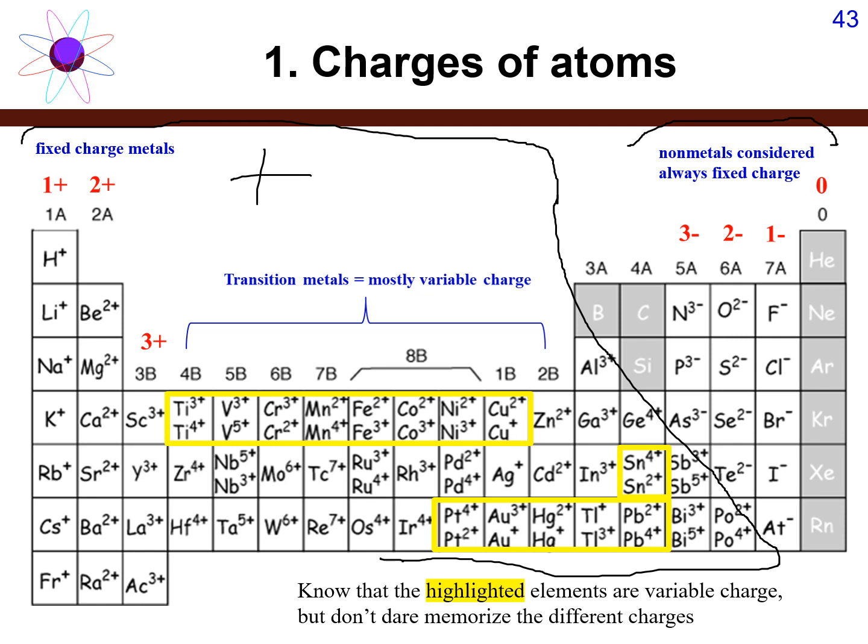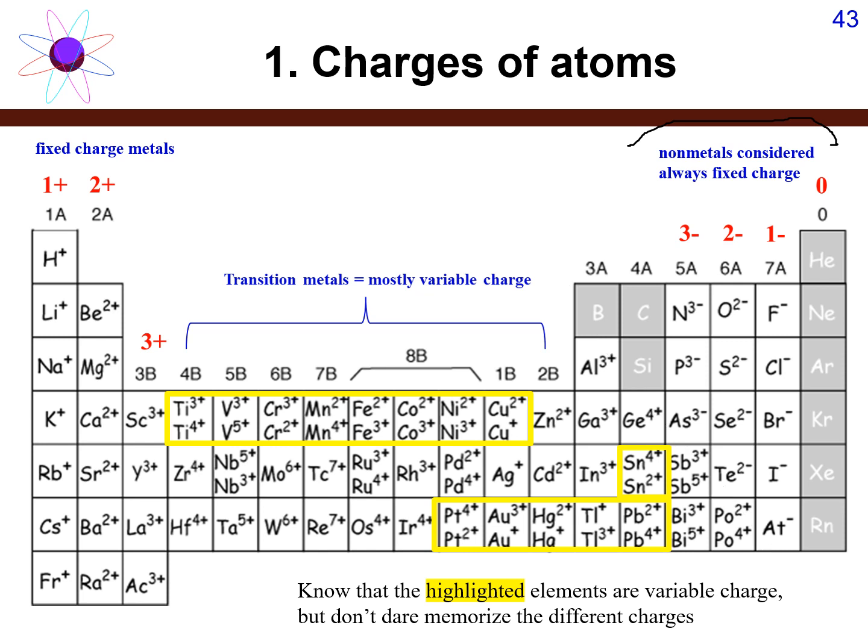Metals form cations. Cations are elements with a positive charge. Metals typically form cations. Cations are just a term for a positively charged atom. And what you should notice from this periodic table is that all these nonmetals over here actually have negative charges. So nonmetals typically form anions.